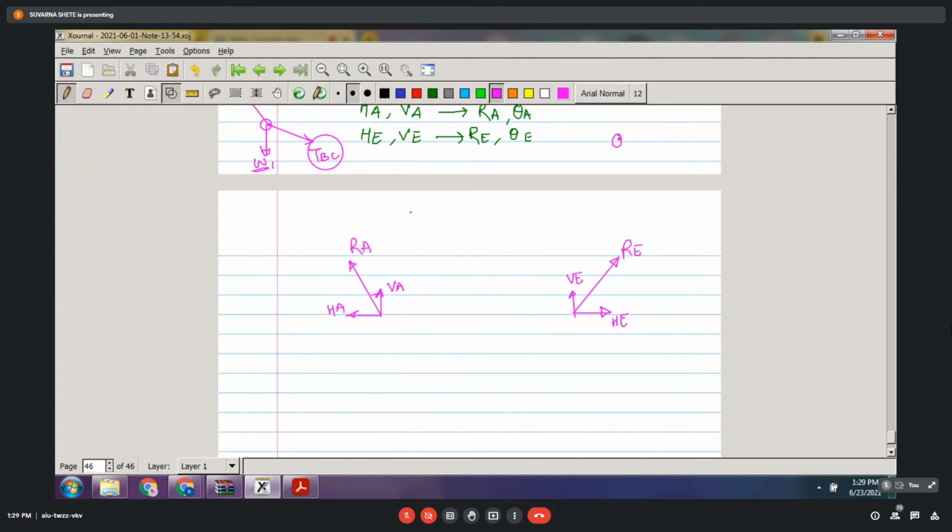If I say HA is equal to HE, and this is my tension AB and this is my tension DE, if the horizontal components of both reactions are equal, on what basis can I decide which reaction will be more?